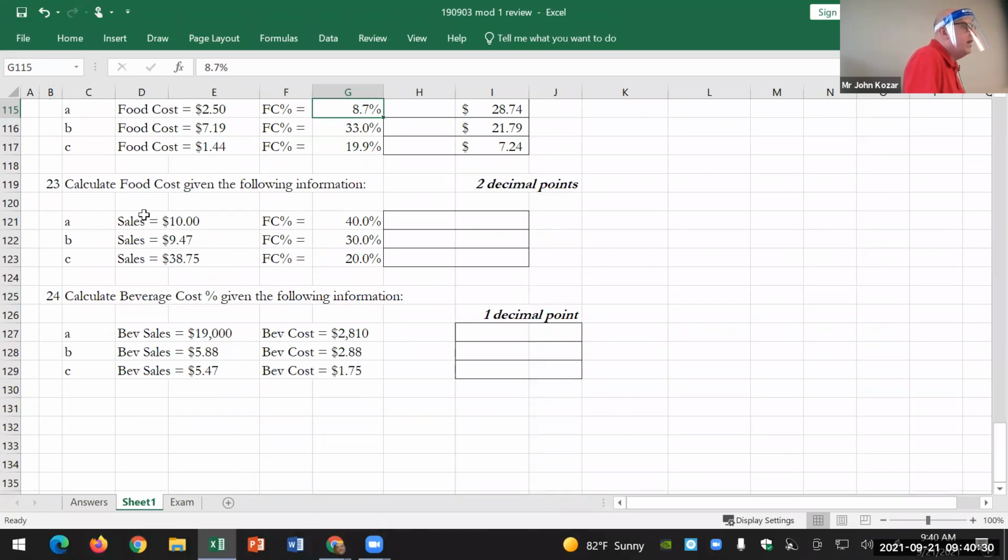Okay, so now we have food costs that we want to figure out, and we're given the sales price and the food cost percentage. So how do we do that?